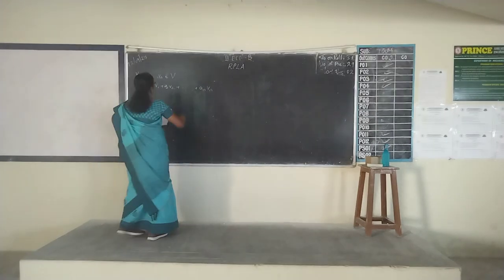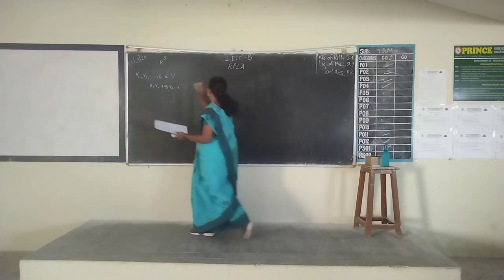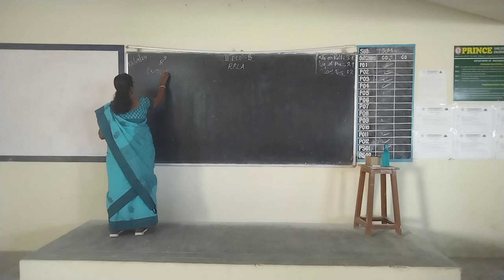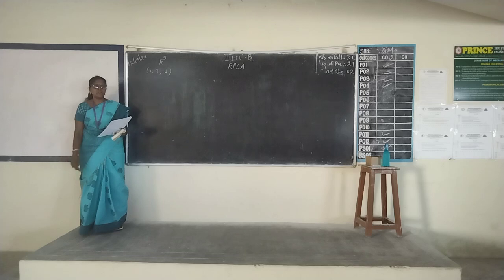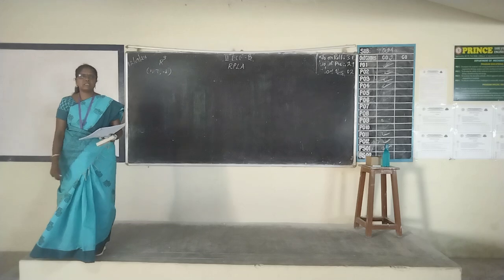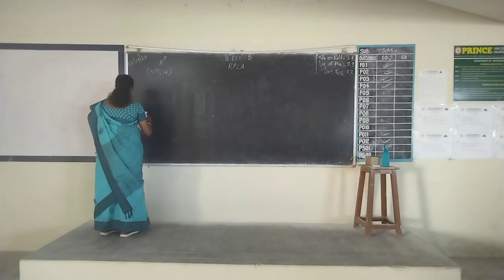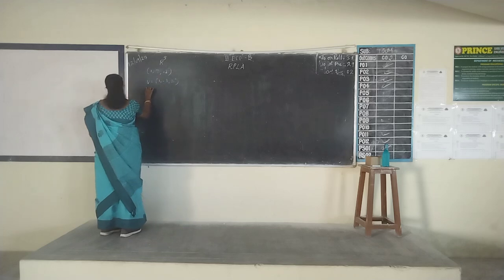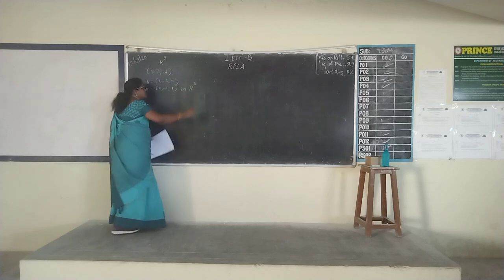First one. In R cube, determine whether the vector (1, 7, -4) is expressed as a linear combination of u equal to (1, -3, 2) and v equal to (2, -1, 1) in R3.